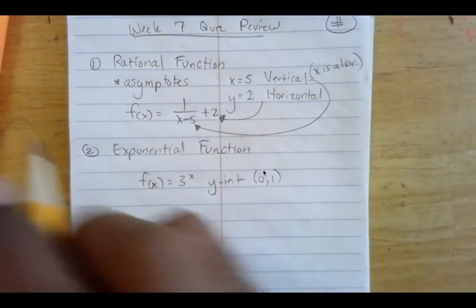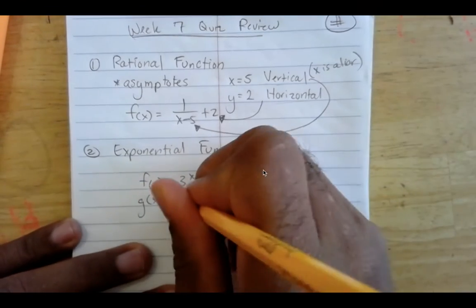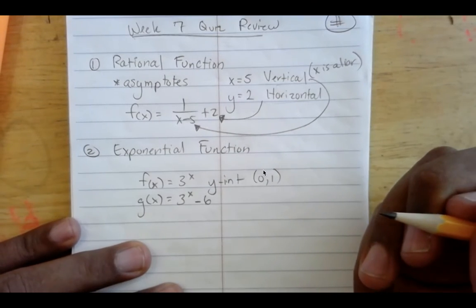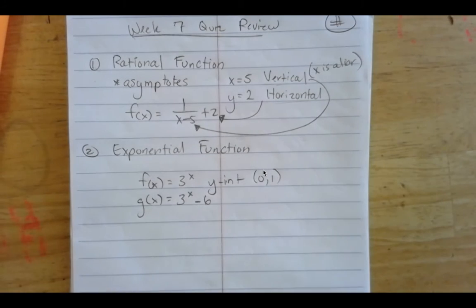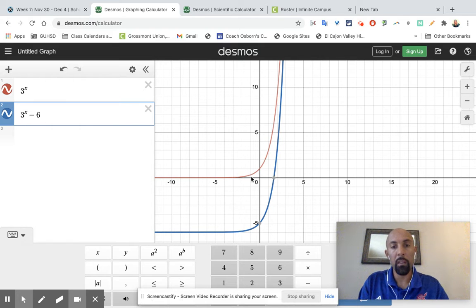Then we're going to look at another function, which is similar. It's going to be 3 to the x, except after that, it's going to say -6. First of all, if you subtract something from a function, what happens to it? Let's see. So 3 to the x, and if I put -6, notice how it shifted down. What is the new y-intercept?